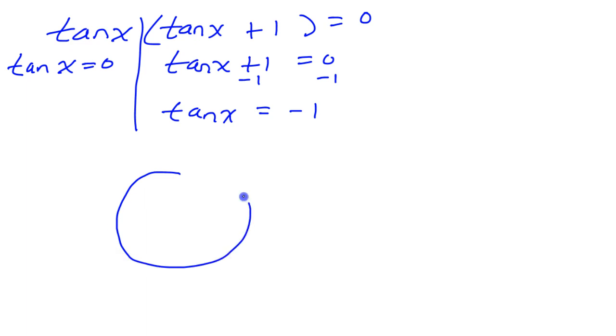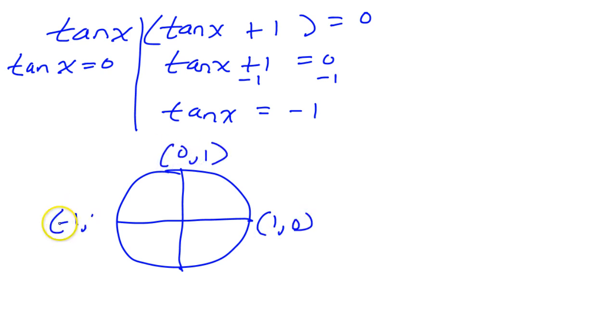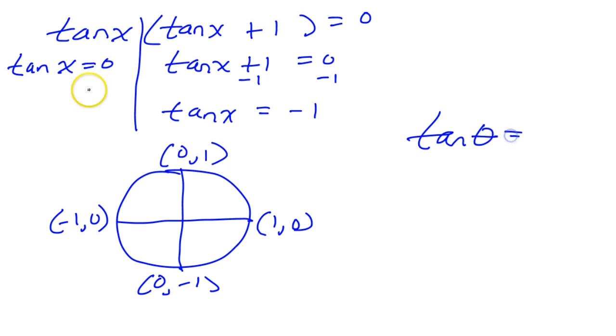So here's the unit circle. I'm looking at this one first. I want to know where tangent is going to equal 0. So this is 1 comma 0, 0 comma 1, negative 1 comma 0, and 0 comma negative 1. Remembering that tangent theta, just to not get it mixed up with this x, is y over x in general on the unit circle.